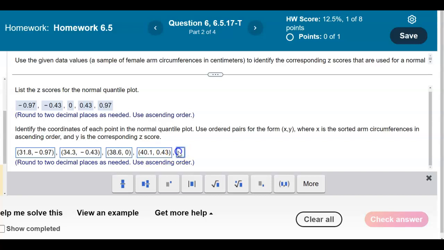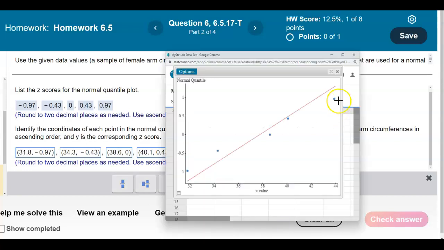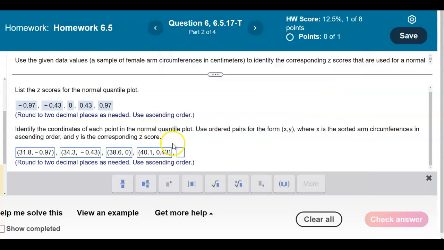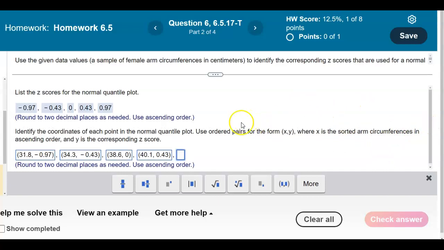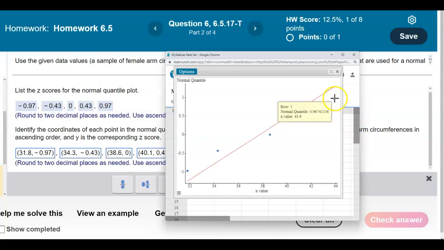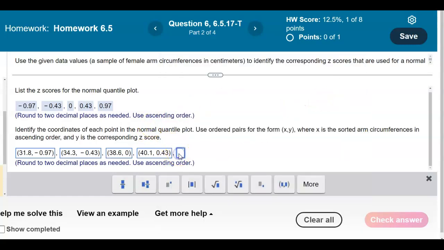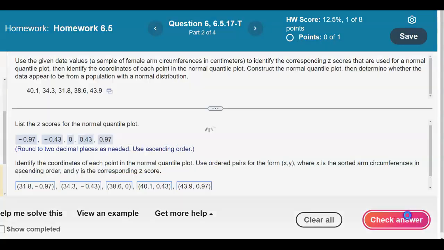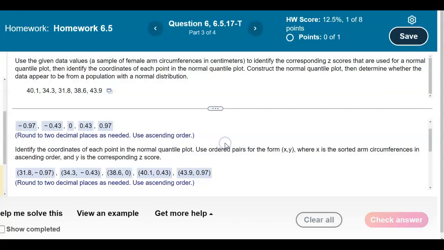And then the last one should be an x value of 43.9 and a z-score of 0.97. So we have (43.9, 0.97). Let's check our answer, and there's our result.